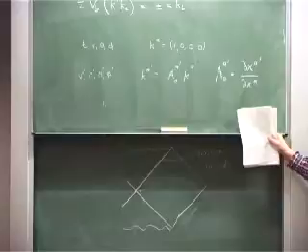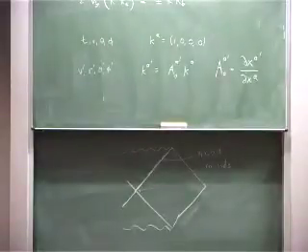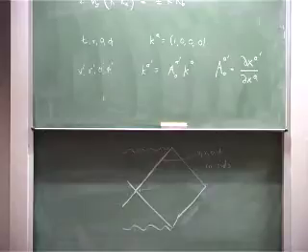You go from t, r, theta, phi to v, r, theta, phi by the following transformation: v' is t plus r plus 2m log the modulus of r minus 2m. r' is the same as the old r, and we don't really care about anything else.